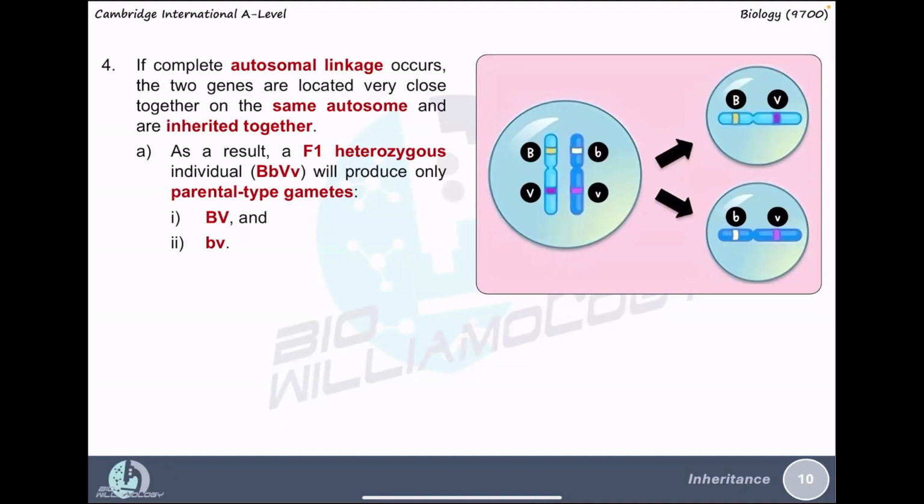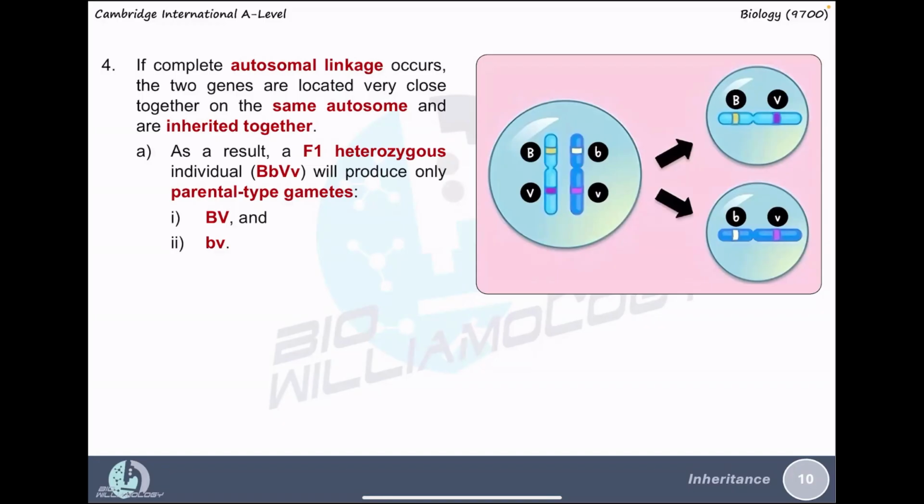Recombinant types of gametes, for example, dominant B recessive V or recessive B dominant V, can only be produced during independent assortment. However, independent assortment can't take place when two genes are located on the same autosome, or the same chromosome.